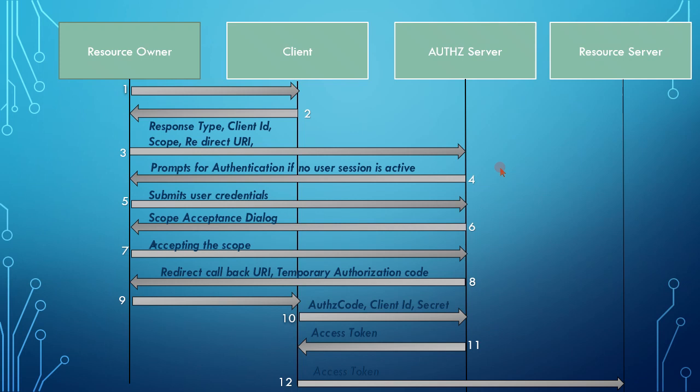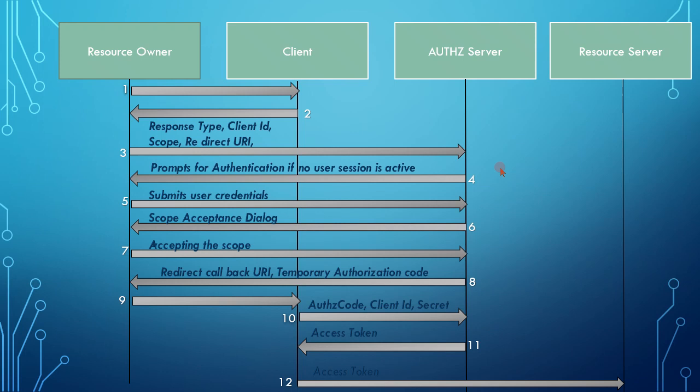Now, step number 4, the authorization server looks for any existing user session. If one doesn't exist, it will prompt the user to enter the username and password. And step number 5, the resource owner enters the username and password and submits it to the authorization server. Step number 6, the authorization server will prompt with the scope acceptance dialog.